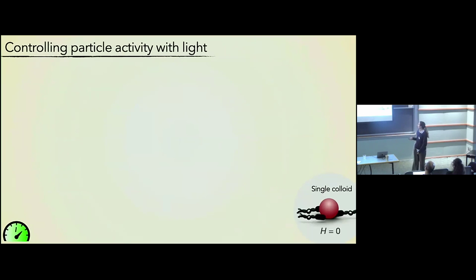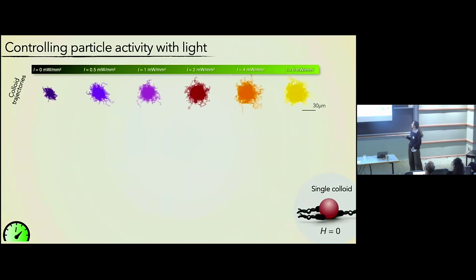Again, this is the motion of a single colloid to characterize it with no external magnetic field, to understand what parameters we're dealing with, because there are many factors here, such as bacterial density. But what we care about is how bacteria affect the colloids at different light intensities.